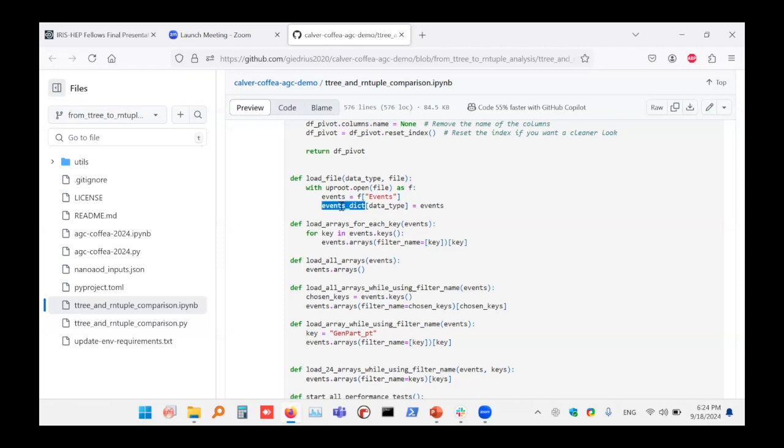But its events are saved into a variable. But events is the T-tree metadata or the RNtuple metadata. It's not the arrays. I don't see any function call to dot array or dot arrays or dot iterate or any of those function calls that actually read data as opposed to metadata.